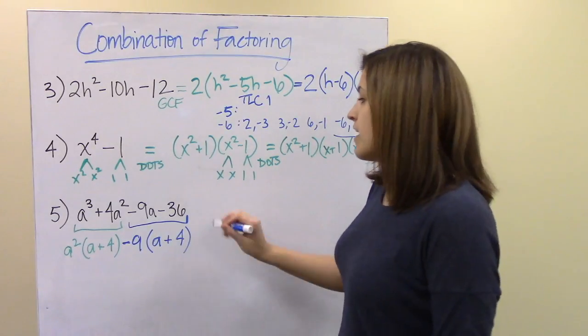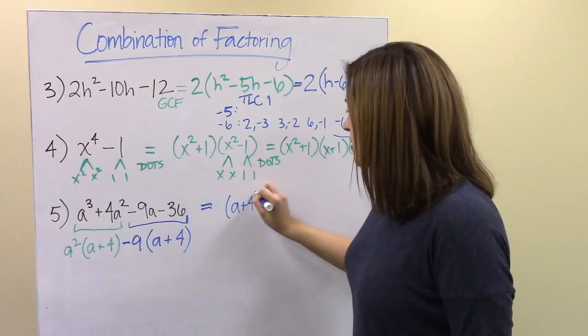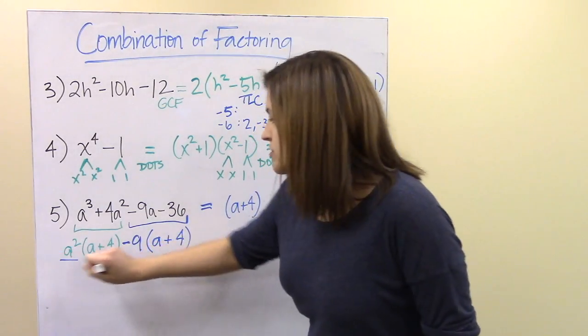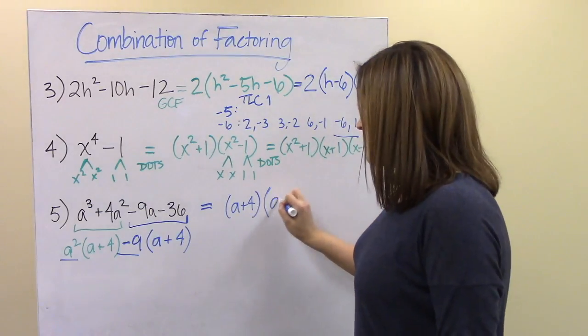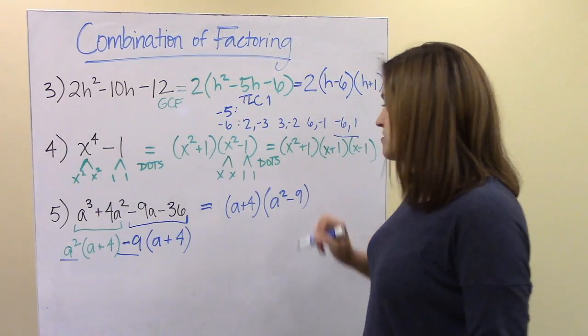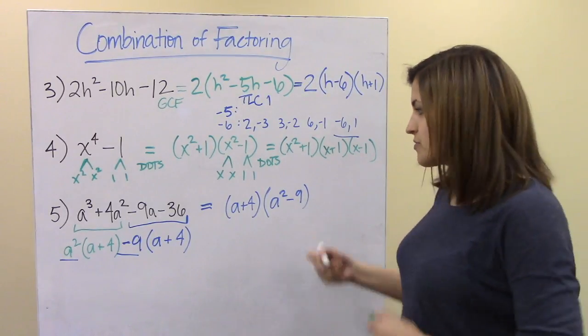So when I factor this all out, I will get a plus 4 for sure. And then I'll get these leftover terms, which give me a squared minus 9. Now, if we take a good look at our solution, we'll see that this guy is a difference of two squares.